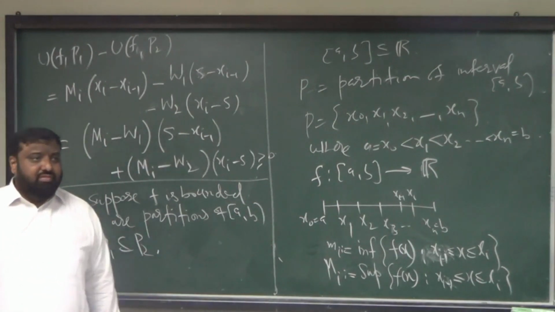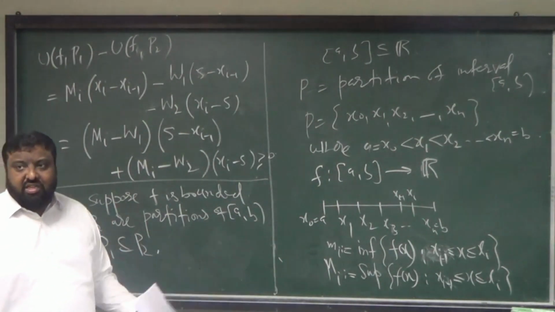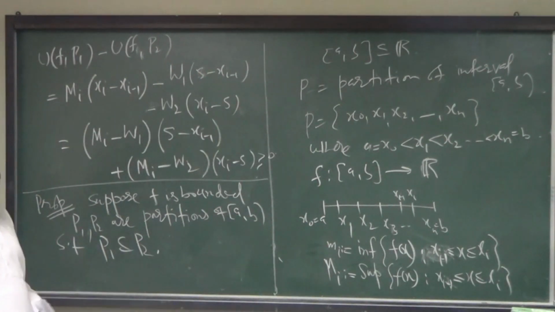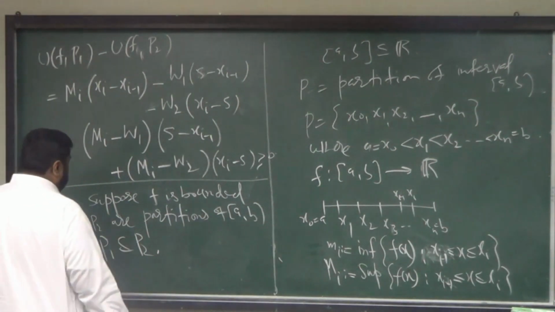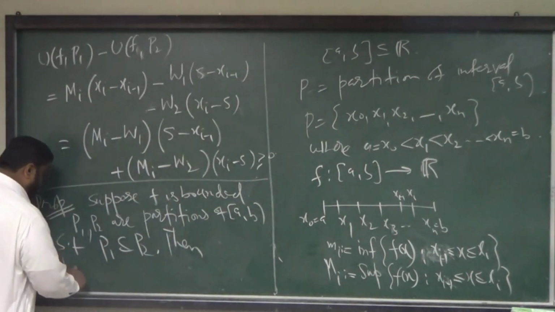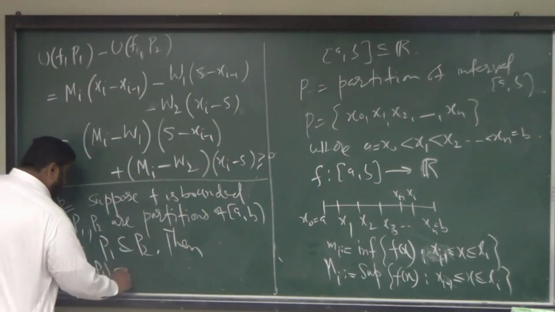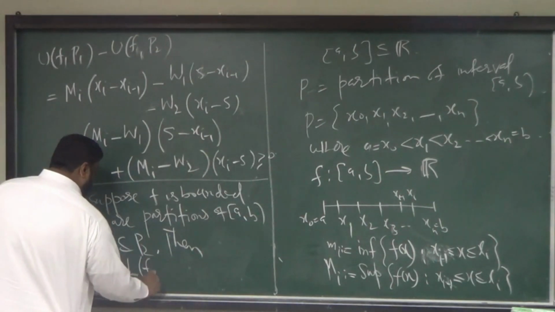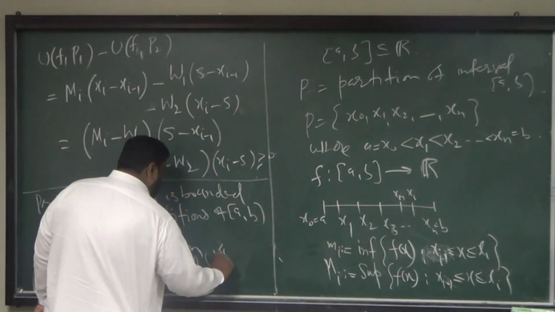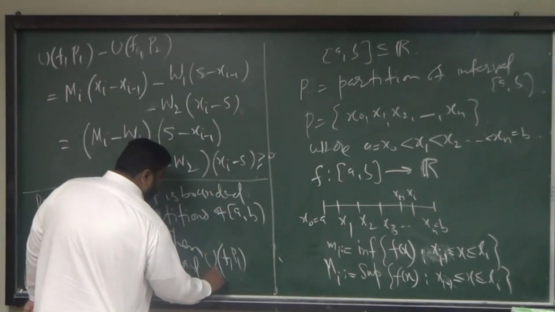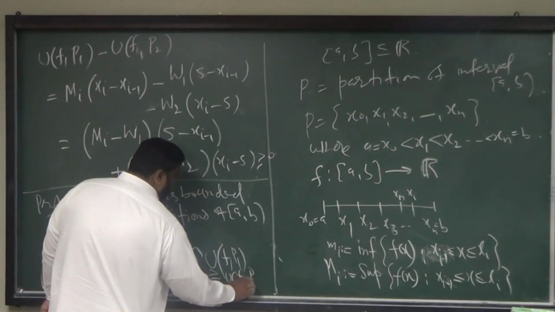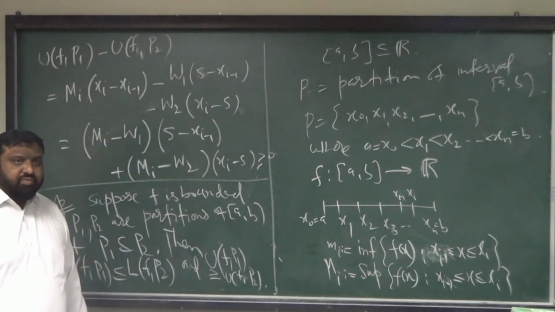I don't know how many points; P2 does not only contain one extra point but several, finitely many points. Then the conclusion is still true: the lower Riemann sum of f with respect to P1 is less than or equal to the lower sum with respect to P2, and the upper Riemann sum of f with respect to P1 must be bigger than or equal to the upper Riemann sum of f with respect to P2.